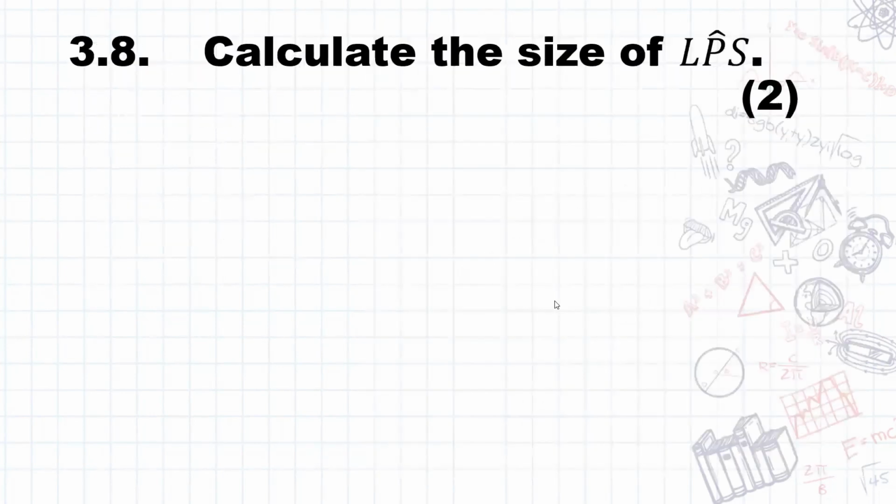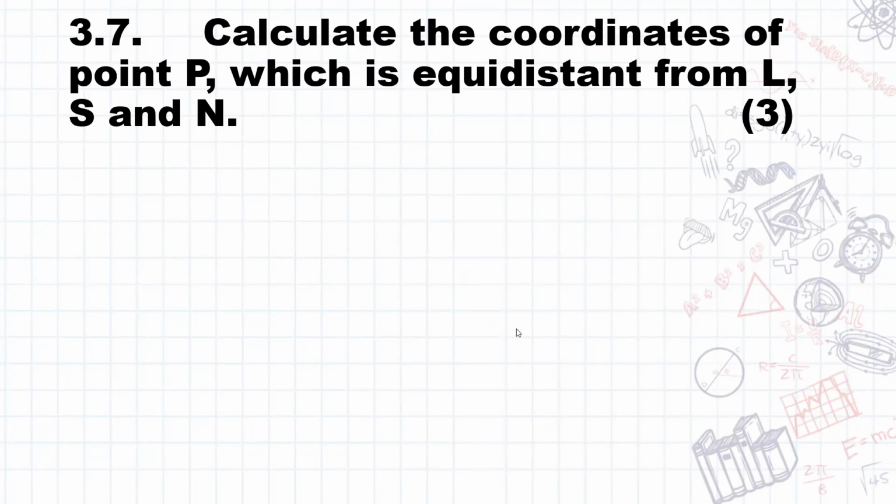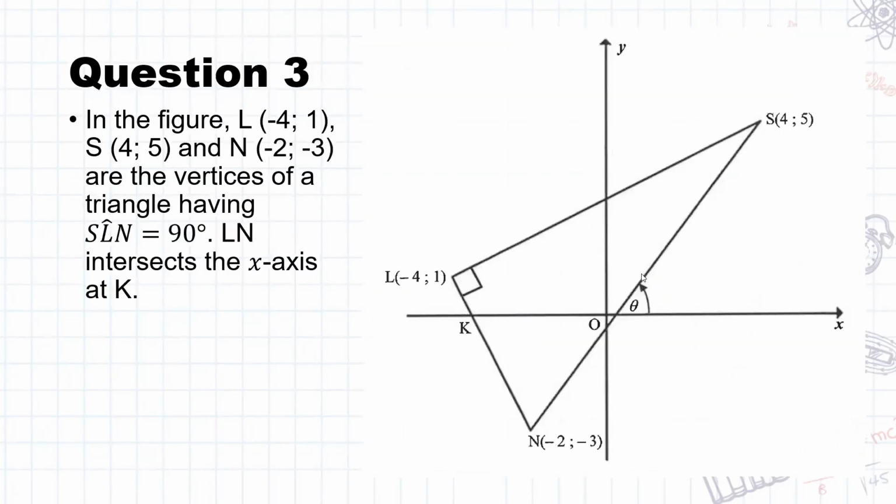Okay. The final question of question 3 is to calculate the size of angle LPS. All right. And so to do that, let's look back at our diagram. LPS is this angle here. Okay, and again, if we're thinking about geometry and we're thinking about this as the midpoint, let's just draw some lines here. So if P is here, somewhere there, we have LPS is this.